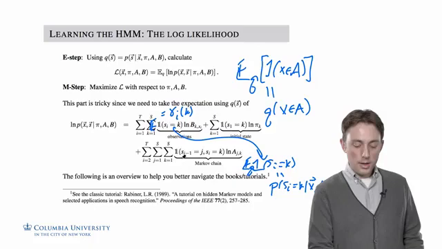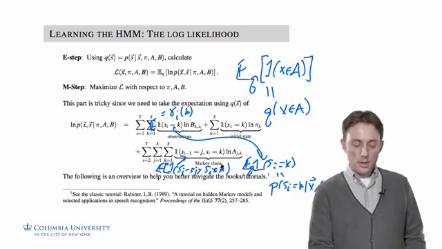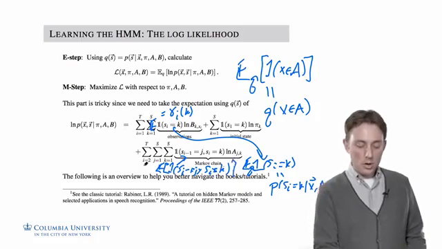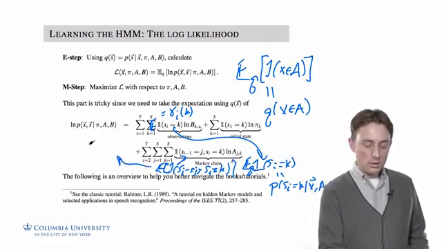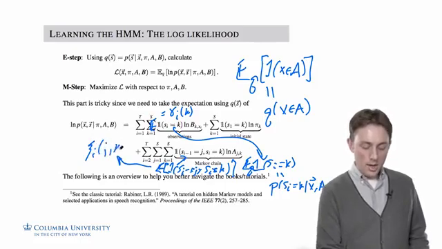Also, we have the expectation of being in state j at time i minus 1 and state k at time i. This thing we're going to call psi_ijk.